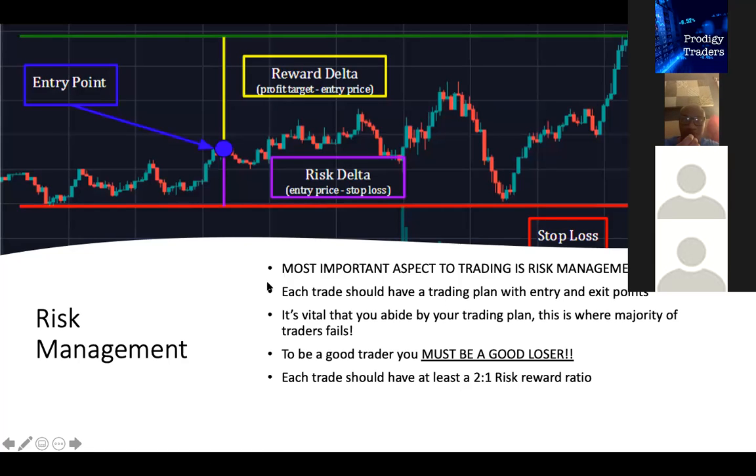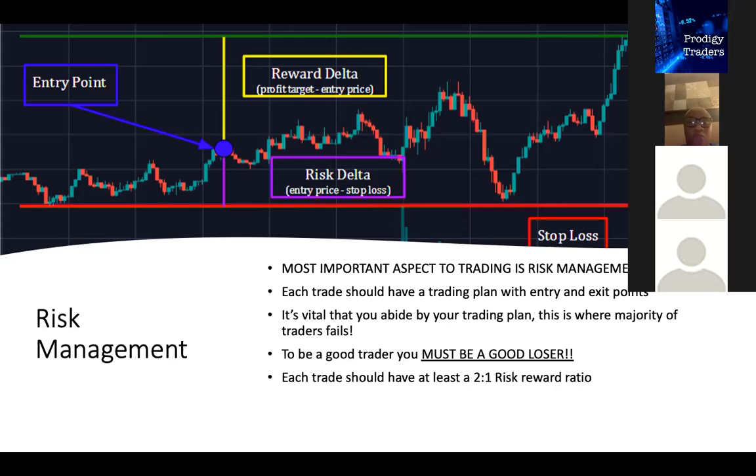Okay. So things are about to start getting put together a little bit now. So I have this in all caps for a reason. The most important aspect of trading is risk management, because trading provides an unusual environment, because you're constantly in the chance of potential loss, potential gains.